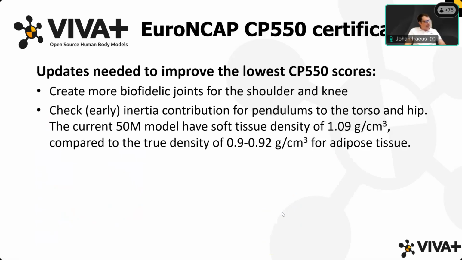If you look into the model, the soft tissue is a combination of muscle and fat, but especially for the hip it would be mainly fat tissue, which has a density close to 1.1 grams per cubic centimeter, compared to the true density that is closer to 0.9 for adipose tissue. The reason why it is that high is that it was one of the parts used to get the overall weight and the weight distribution of the model to match the target.